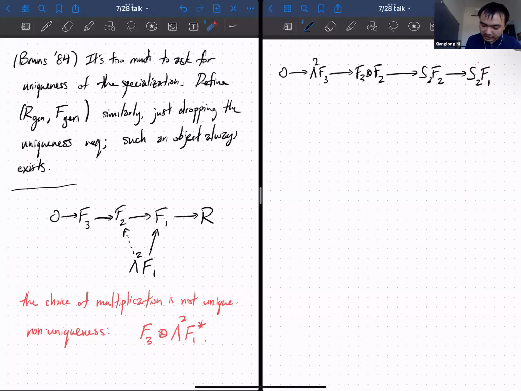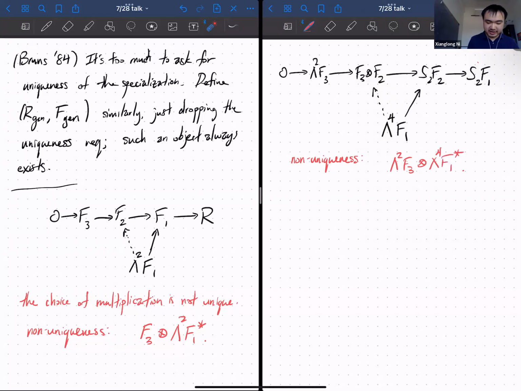And so I claim there's a way of constructing a map from wedge 4 F1 by lifting an appropriately constructed map like this to this. And then you see that the non-uniqueness of this map is wedge 2 F3 dual, or wedge 2 F3 tensor wedge 4 F1 dual.